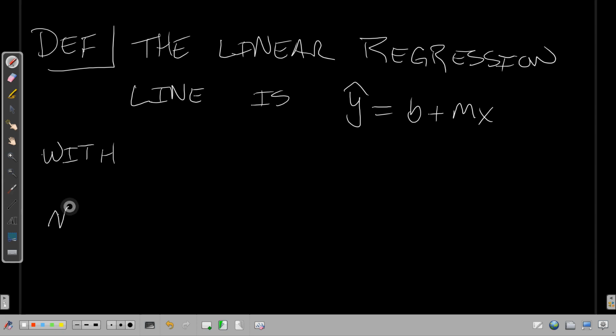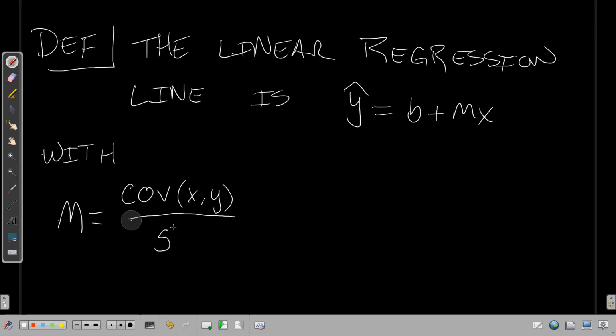Well, the slope would come from the covariance of x and y divided by the sample standard deviation in the x direction squared. That's our slope.